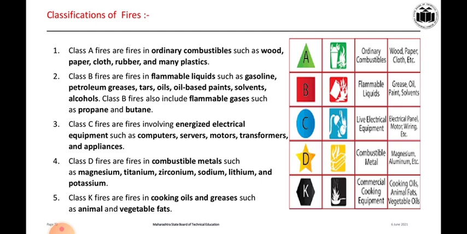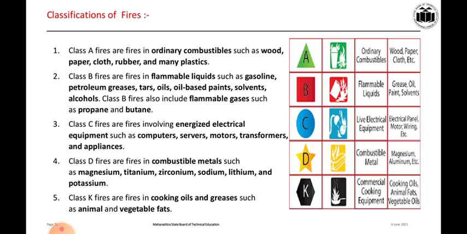Then class D. Class D fires involve combustible metals such as magnesium, titanium, zirconium, sodium, lithium and potassium. These are the combustible metals which contribute to fire.